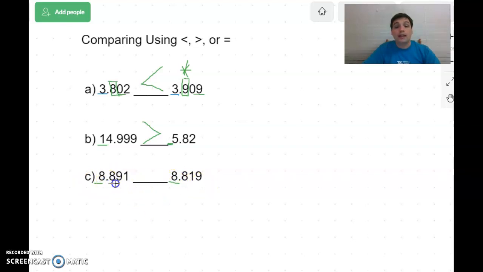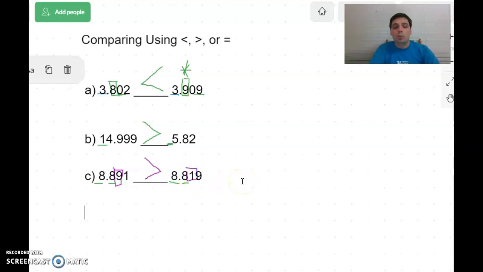My tenths are the same. My hundredths, where I have a difference. Here I have 9 hundredths. Here I have 1 hundredth. My 9 hundredths is bigger than my 1 hundredth. So 8 and 891 thousandths is greater than 8 and 819 thousandths.